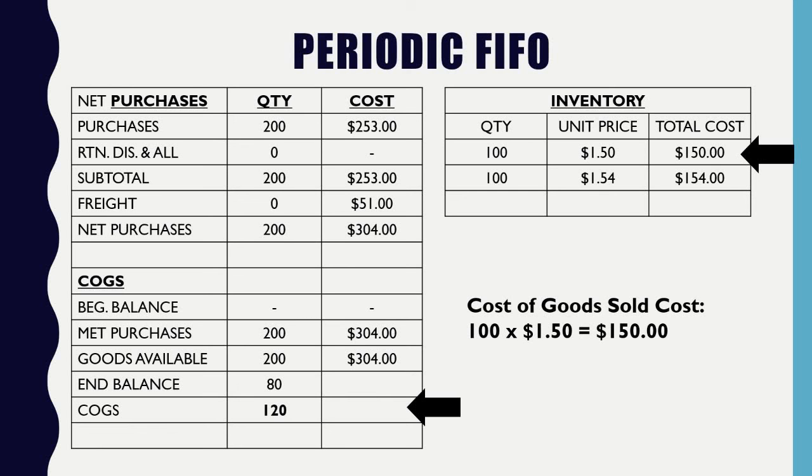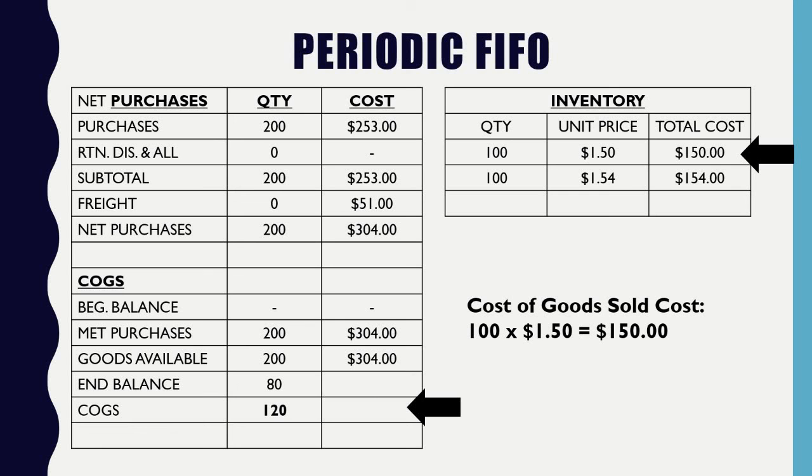All right, let's look at the available goods we have, and let's look at how much we sold. We already calculated that we sold 120. From the first batch, we already know that cost us $150, and that's only the first 100.